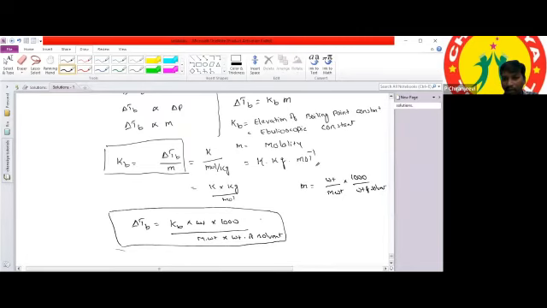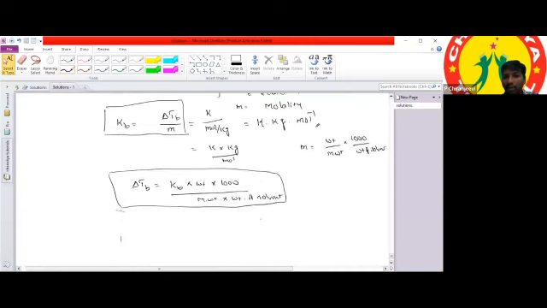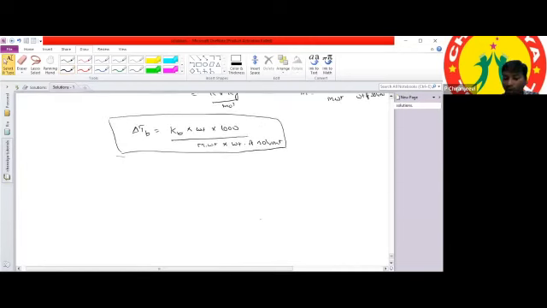Now, from the JEE point of view, how do we define Kb thermodynamically?